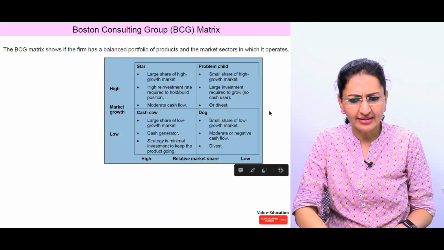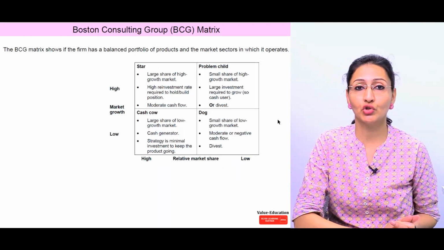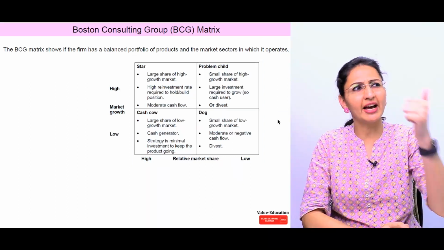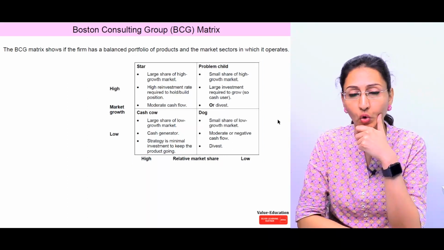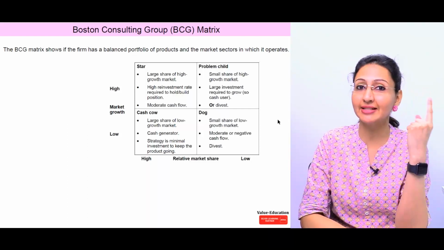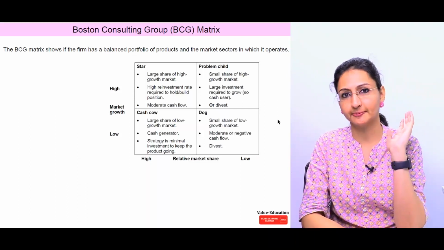So why is it saying divest? If growth is not achievable, or you do not have the managerial skills to make it grow, it's better to divest. So either you reinvest and make it successful, or if you can't make it successful, then better to divest it, right?